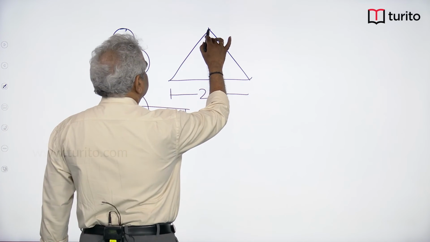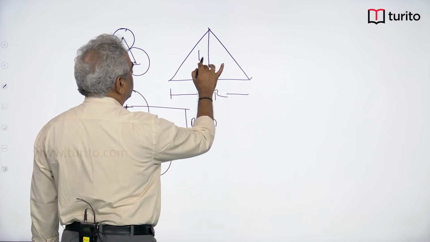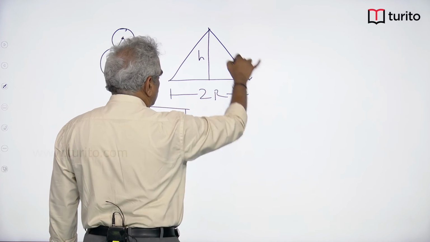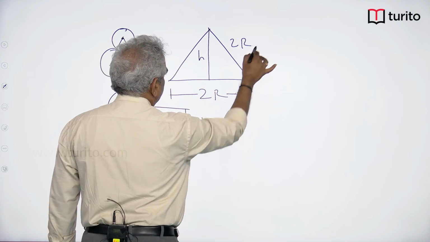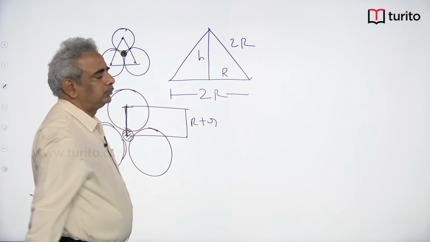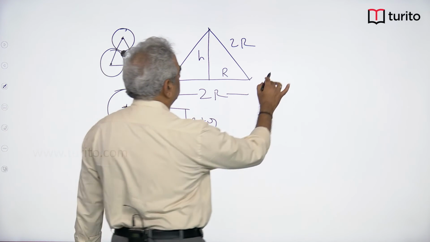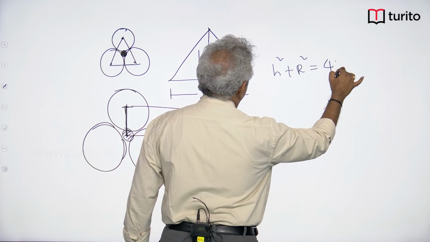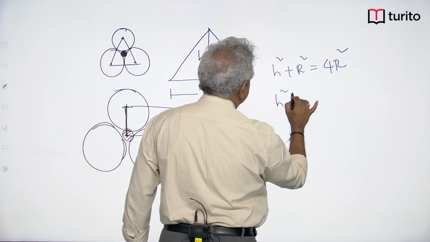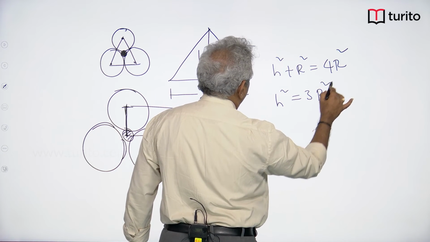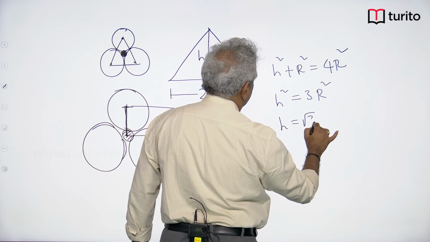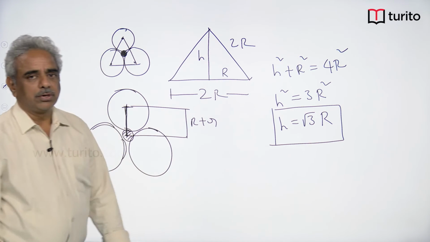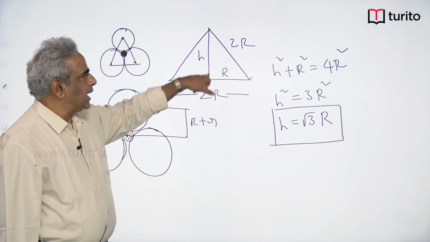Now what is this height? Let the height be h, and again what is this 2r? What is this r? So h square plus r square makes 4r square, h square is equal to 3r square, h is equal to root 3 r, means this height is root 3 r.